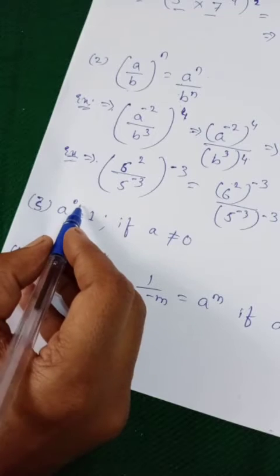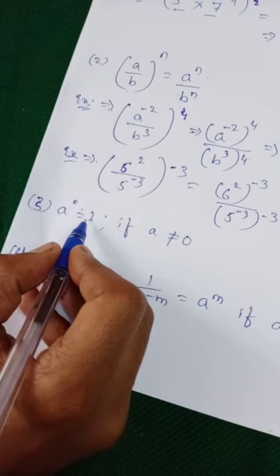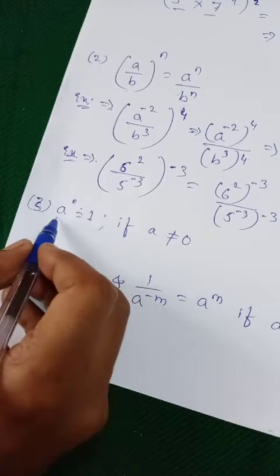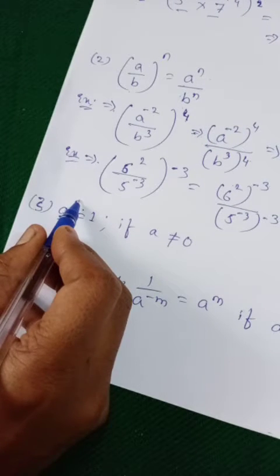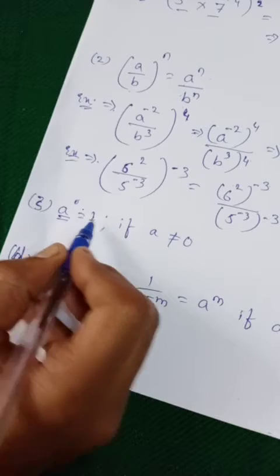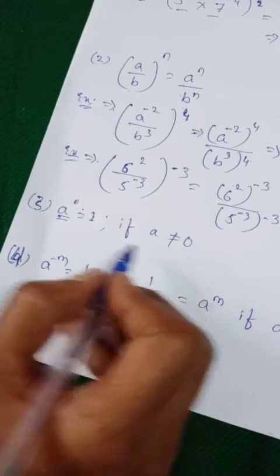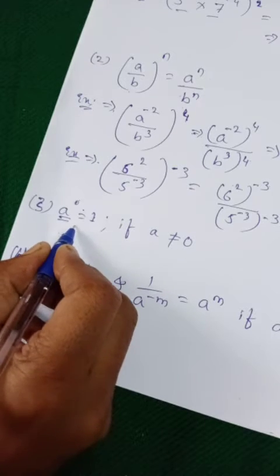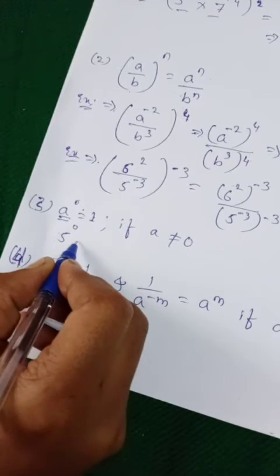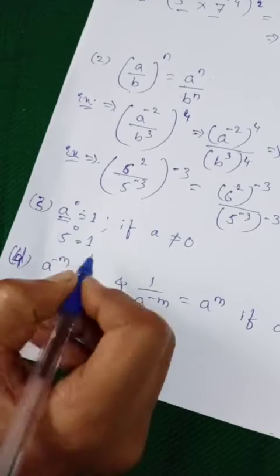a to the power 0 is equal to 1. Here any non-zero number raised to the power 0 is always equal to 1, if a is not equal to 0. So 5 to the power 0 is 1 because 5 is non-zero.